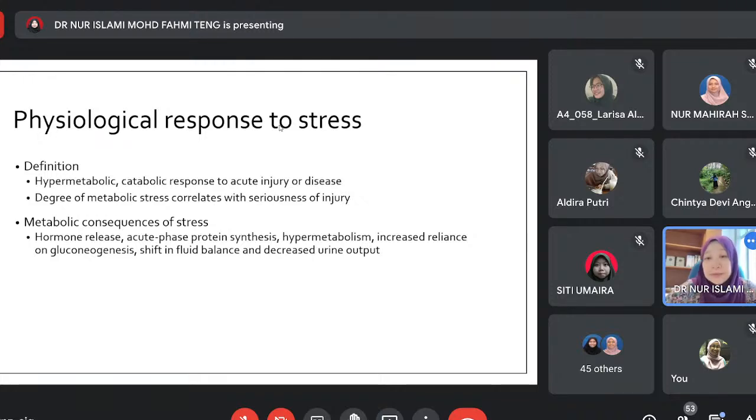For example, cytokines. These cytokines respond to infection and injury, producing the so-called systemic inflammatory response syndrome, SIRS. This has a major impact on metabolism. This syndrome called SIRS will cause catabolism of our glycogen, fat and protein.